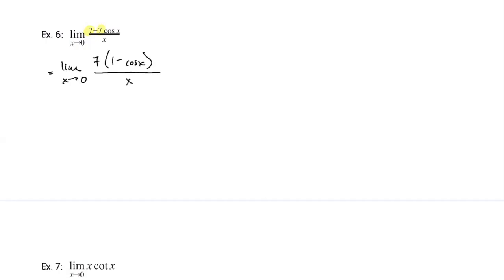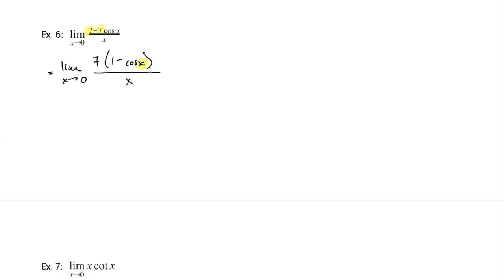I noticed that someone said we multiply by 7x over 7x. That's mathematically valid to say 7x divided by 7x, right? And we're multiplying by 1. But we want to be really thoughtful about what's helpful here. And so because the cosine is only cosine x, not cosine 7x, I don't want to introduce a 7x into there, okay?